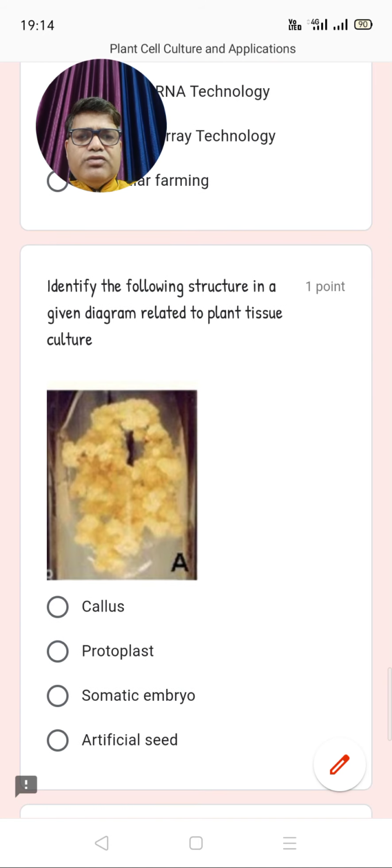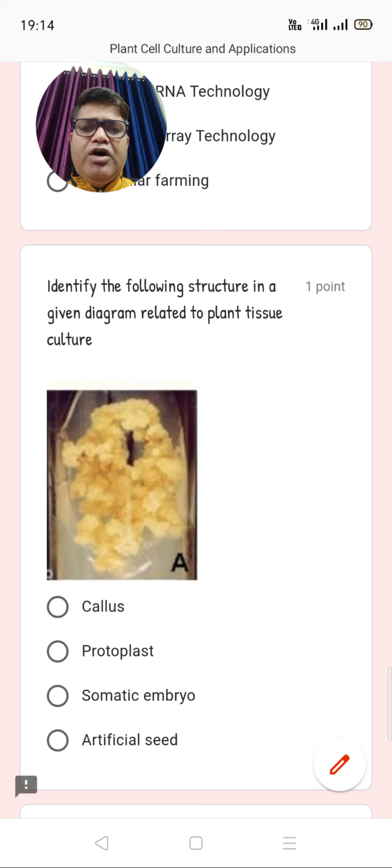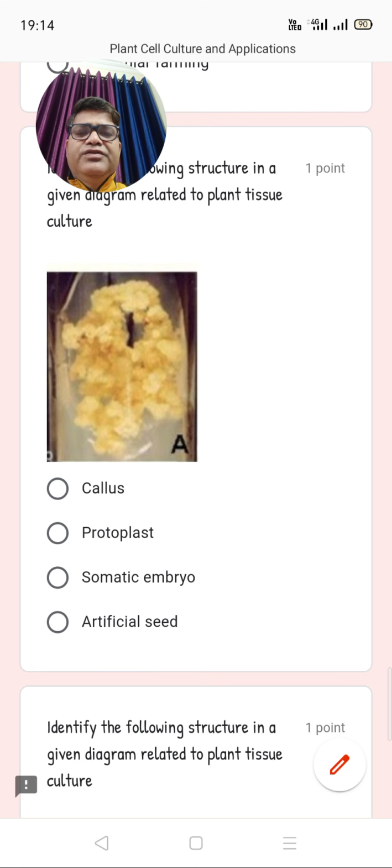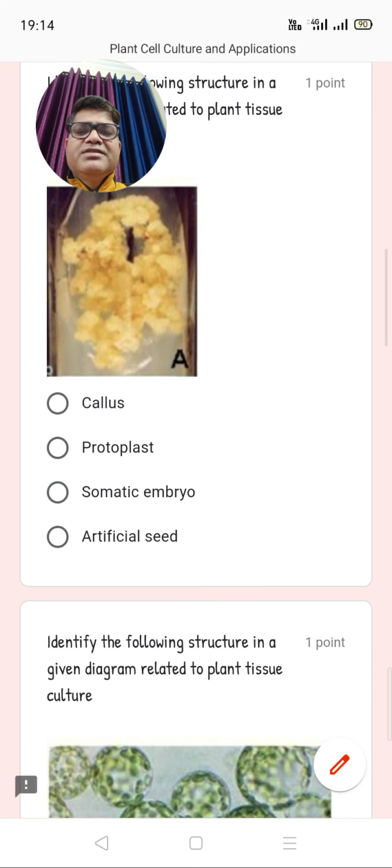Some questions are also asked related to images or photographs. So try to identify the following structure or diagram related to plant tissue culture. First choice is Callus, second is Protoplast, third is Somatic embryo, and fourth is Artificial seed.